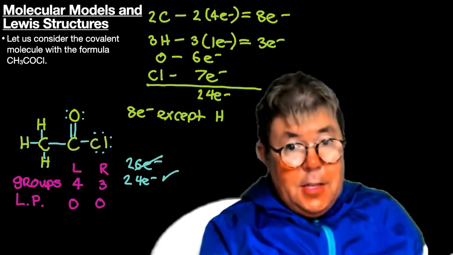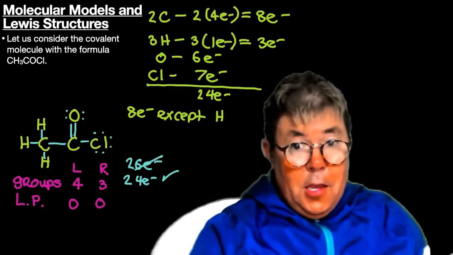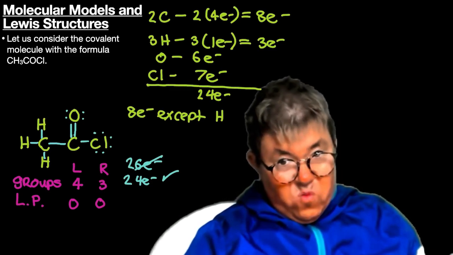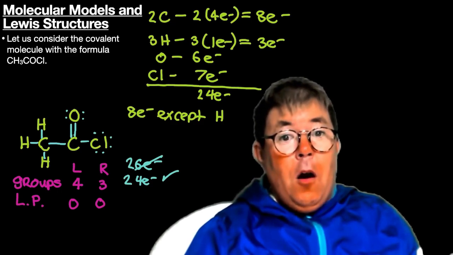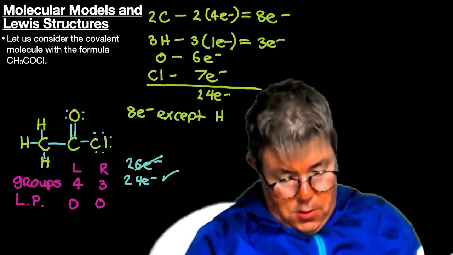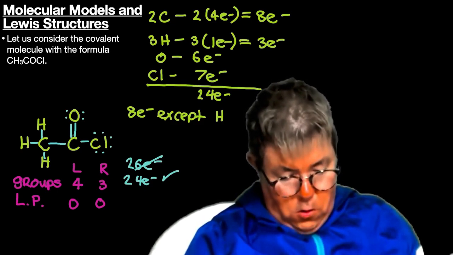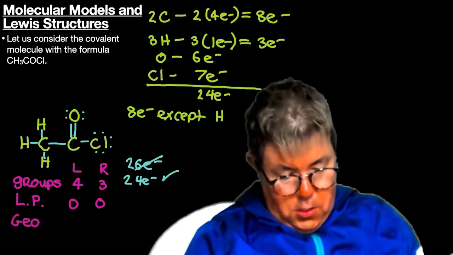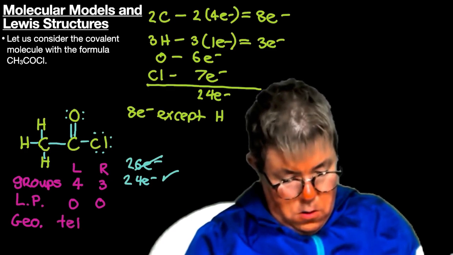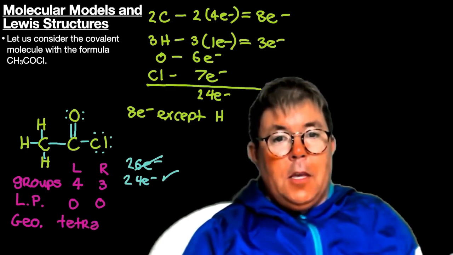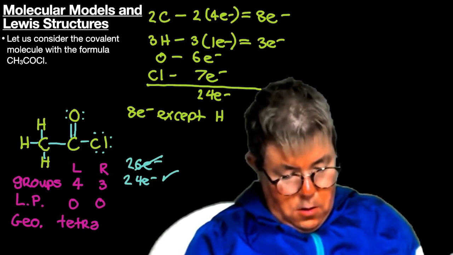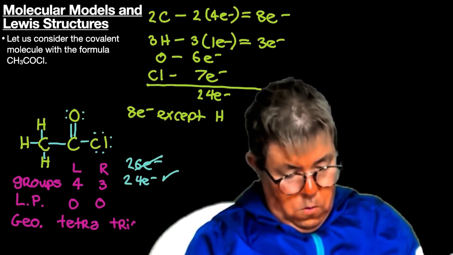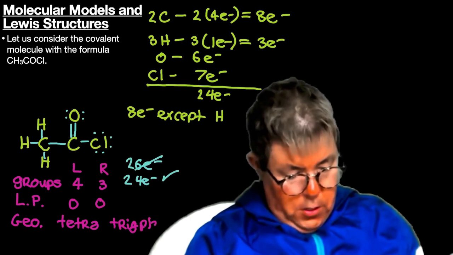So what is the name of the geometries? The name of the geometry for the one on the left, so I'll write this as geo, is going to be tetrahedral. And the one on the right is going to be trigonal planar.